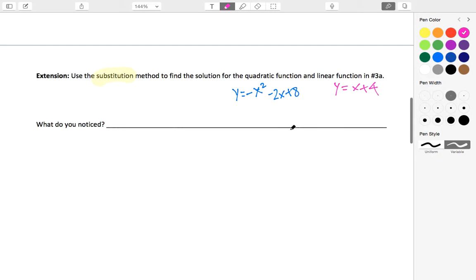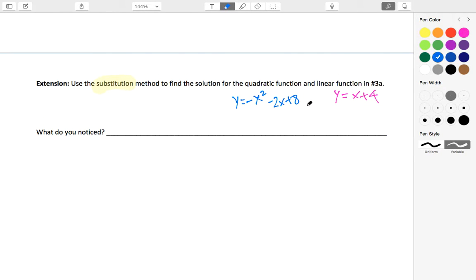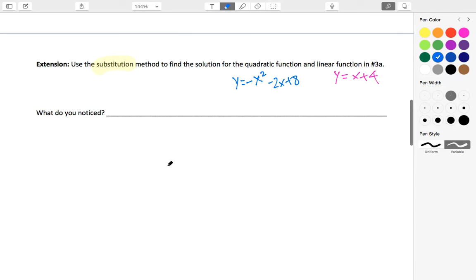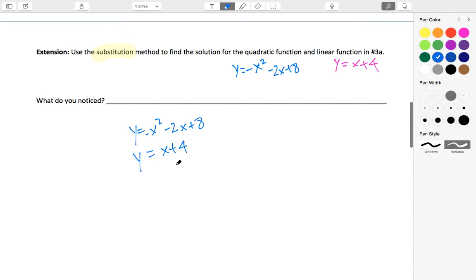All right, so all we're going to do here, this is the new piece that I want you all to recognize, is that we can set this up as a system of equations. Even though they are not two lines, we have one a quadratic and the other a linear function. So what we're going to do is find a solution between these two algebraically.